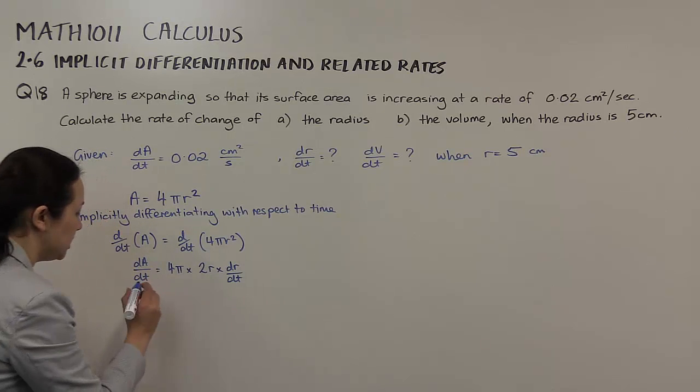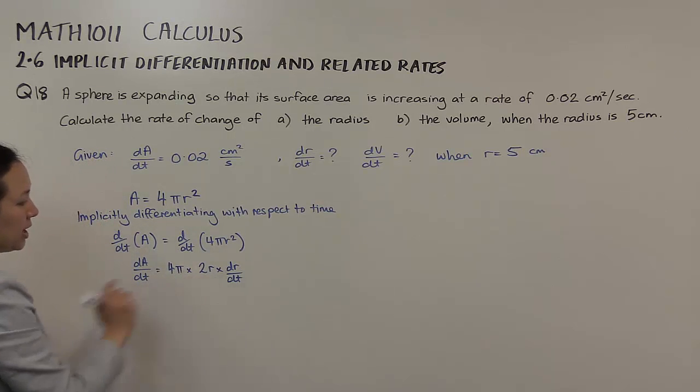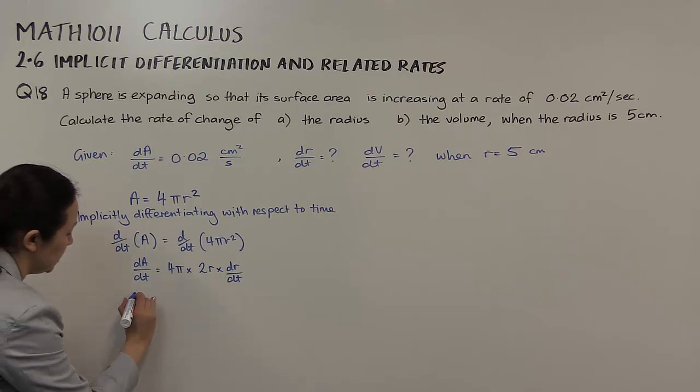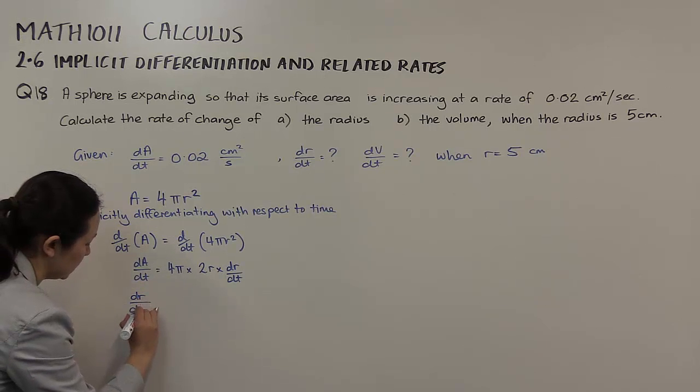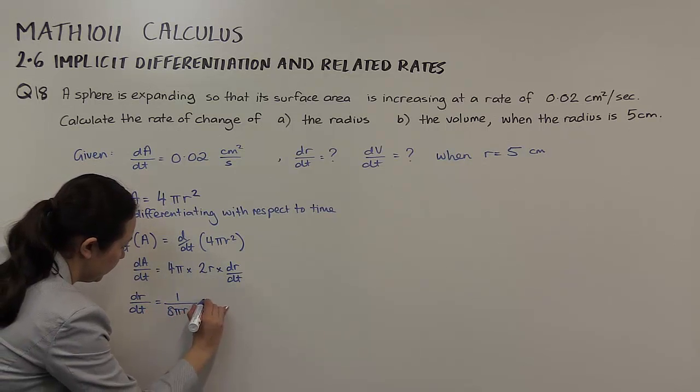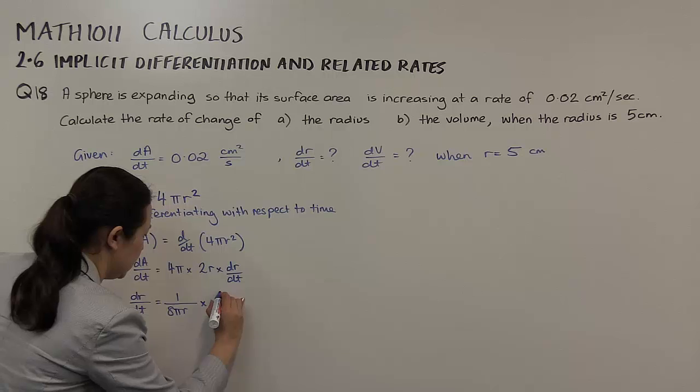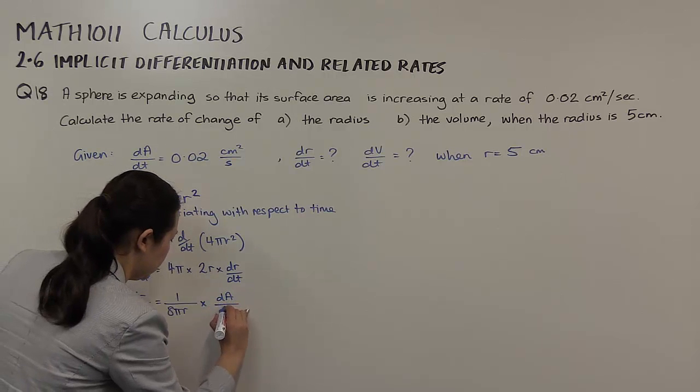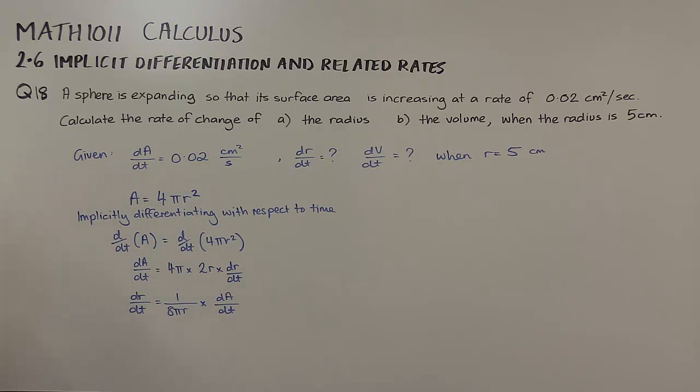So dA/dt is just 8 pi r dr/dt, or if we want dr/dt as the subject, dr/dt is 1 on 8 pi r times dA/dt. That's just making dr/dt the subject.